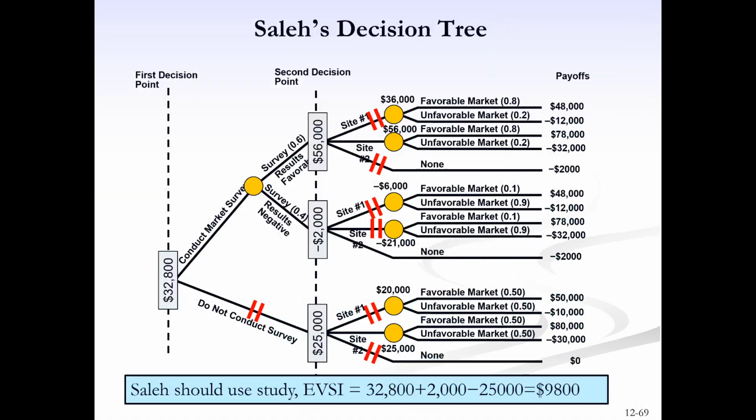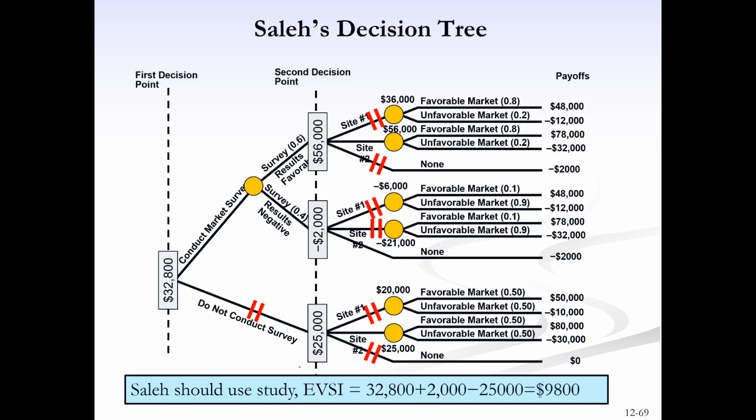I will not go through this all. We can see that initial decisions are to conduct market survey or do not conduct survey, and then the survey could be positive or negative if we go for survey, and then there are two sites, site 1 and site 2, and do nothing option there. In all these cases we have three options.